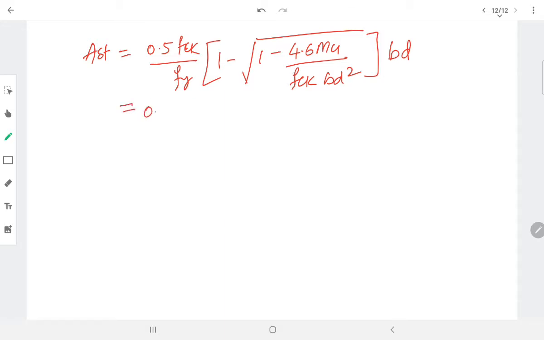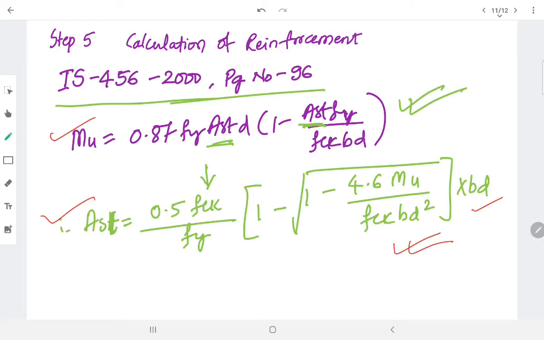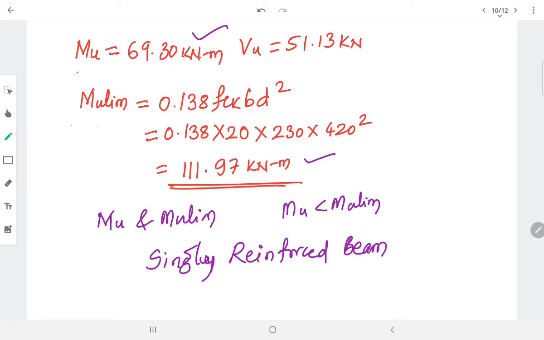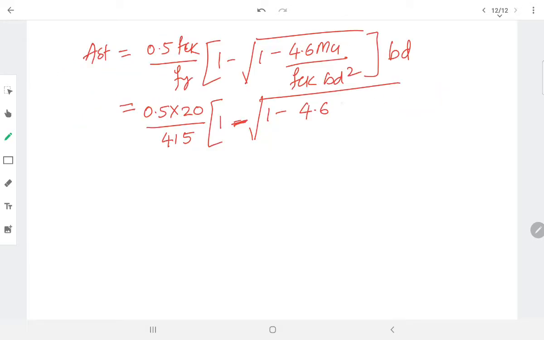So here it is equal to 0.5, Fck is 20, Fy is 415, into bracket 1 minus root of 1 minus 4.6, then Mu. Mu we have already calculated, the moment is 69.30, which was in kilonewton meter.